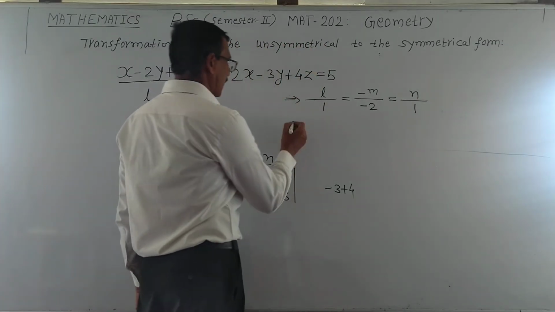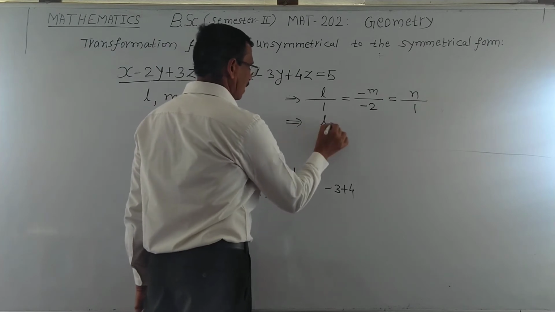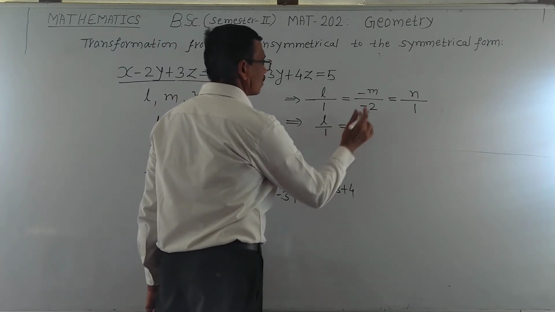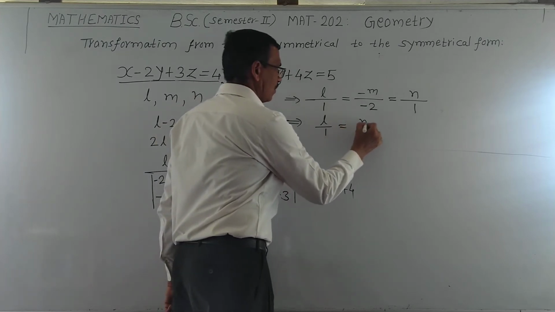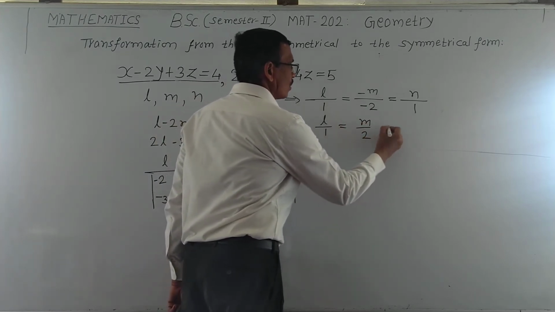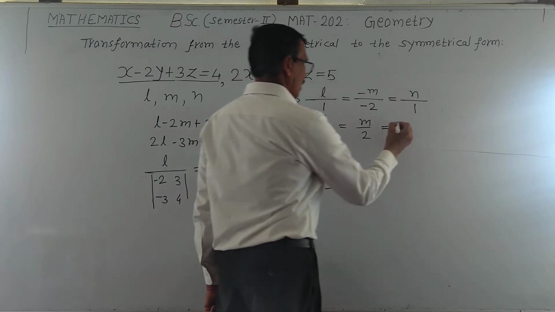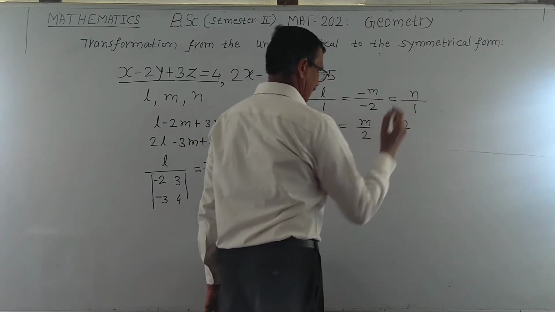Then this is written as l upon 1 equals minus, minus, plus, m upon 2 equals n upon 1.